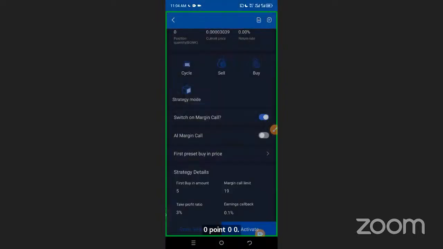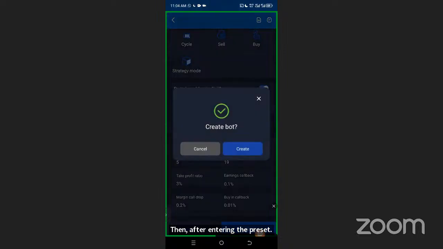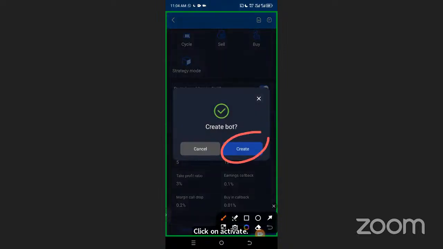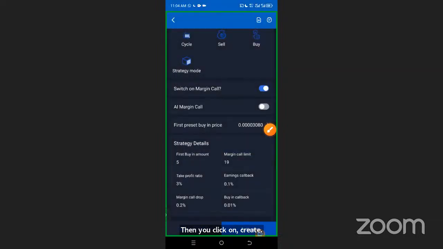That one. You enter the preset. Then after entering the preset, click on activate, then you click on create. This is the easiest strategy I have ever seen.